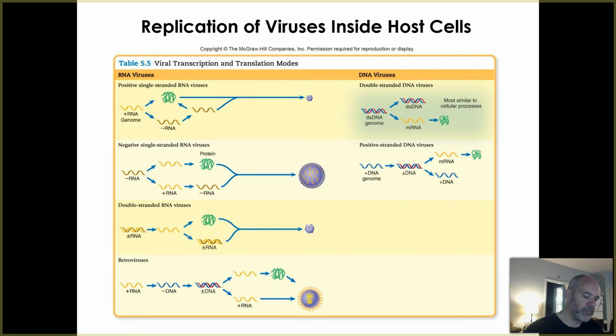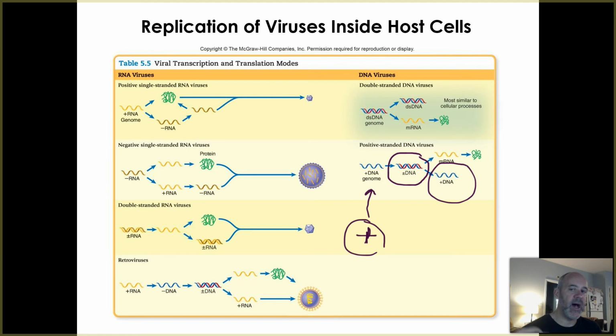So what this means is when one of these types of viruses infects a host cell, that genome, you first have to make the other strand, and then that other strand winds up being used as a template to make more of the original. Okay, and so with these single-stranded DNAs, a lot of times the single strand is referred to as a plus strand, and so the opposite or the complementary strand is going to be called the minus strand.